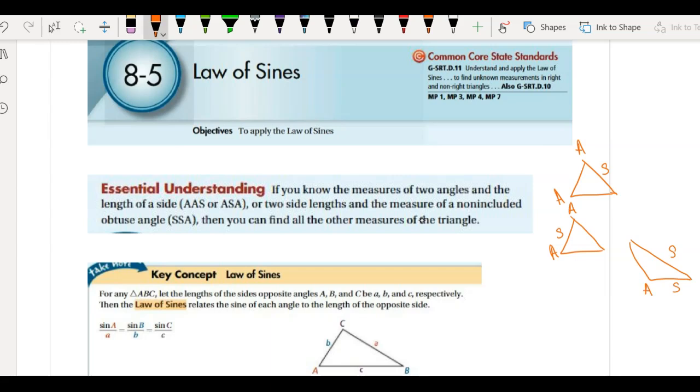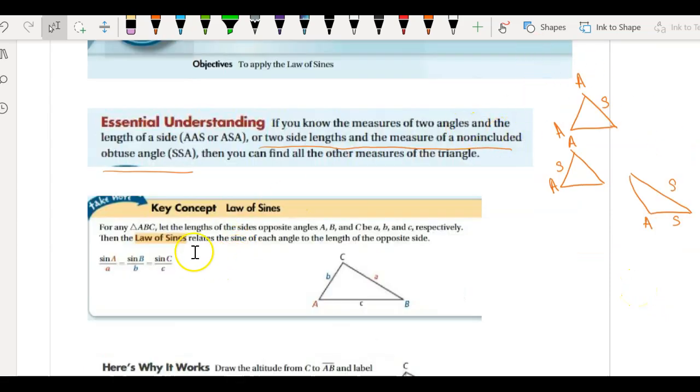Notice that the angle for this one, let's see, or two side lengths and the measure of a non-included obtuse angle. So this is my non-included obtuse angle right here.